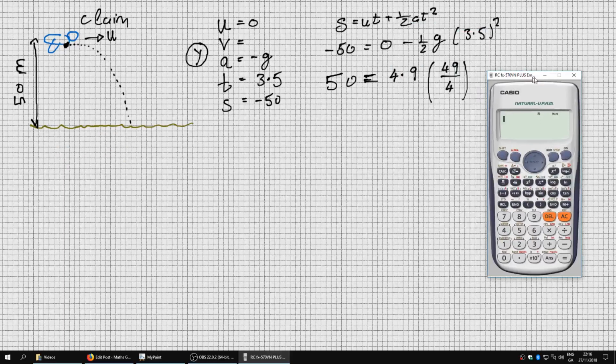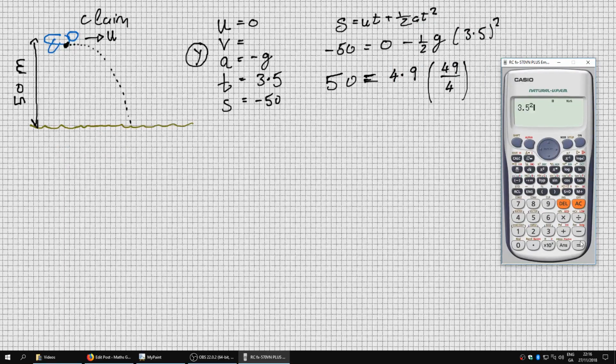Okay, so 3.5 squared, that's the 49 over 4, times 4.9, so that is 60.025.